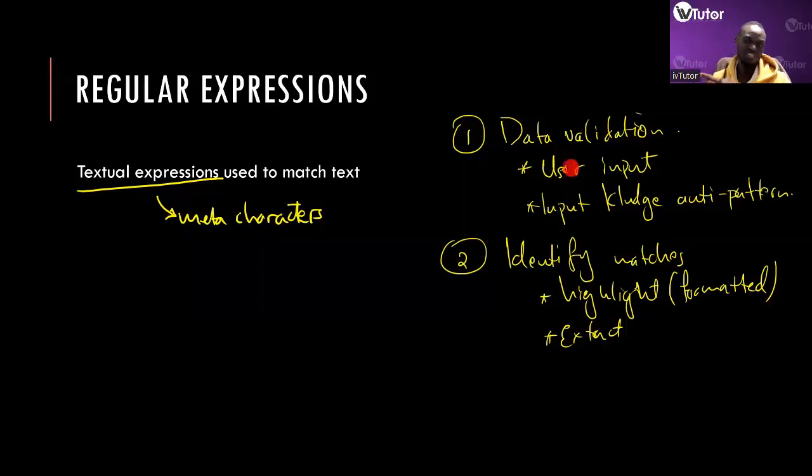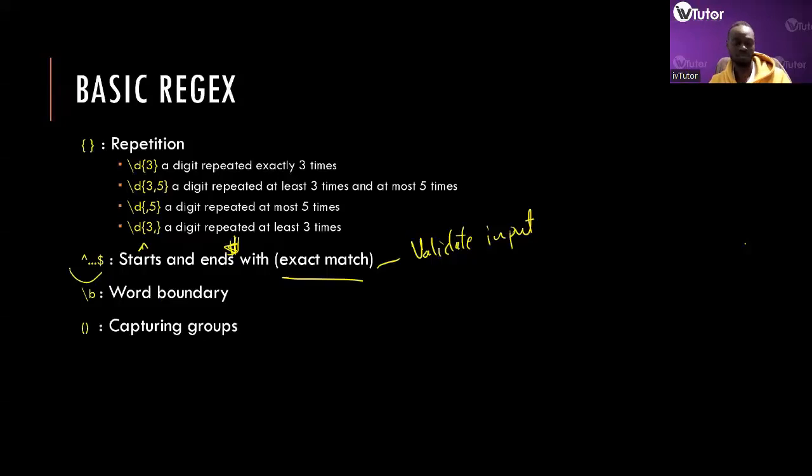But when we are doing user input validation, usually we are saying whatever the user has provided, all of it must conform to this standard, in which case we would use exact matches. So it's very common that we use exact matches when doing input validation, and we don't normally use exact matches when we're just trying to match text within a body of text, right? So starts with, that's the hat, ends with, that's the dollar sign. If you use them together, it just means you want an exact match.